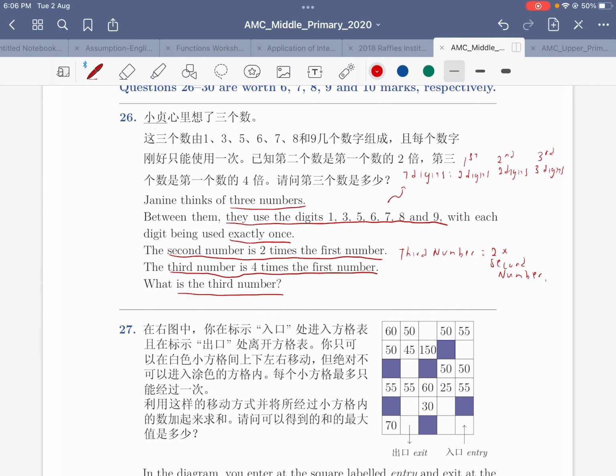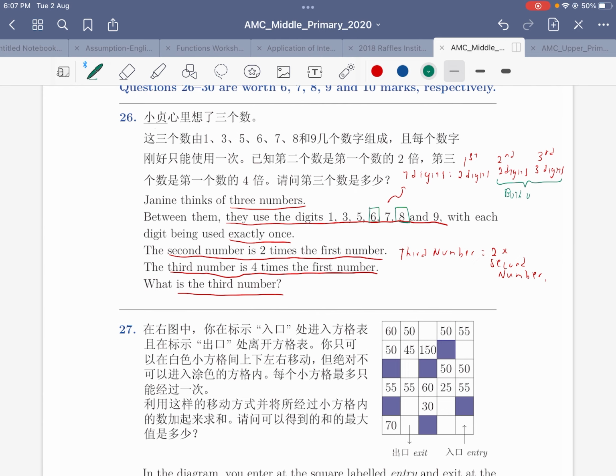But remember, let us look a little bit deeper at the numbers that we used. We notice that there are only 2 even numbers over here, 6 and 8. And the second number is 2 times the first number, the third number is 4 times the first number. As you can tell, both of them must be even numbers, right, because we multiply them by 2.